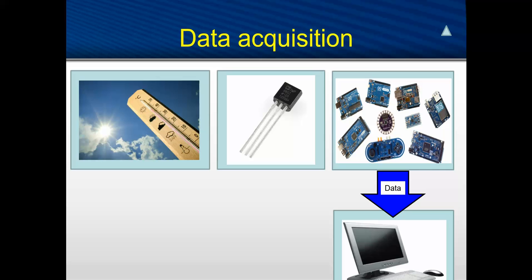The board will connect to the computer that has the Matlab program installed. It can upload and download data, and it can control the sensing to get the result you want for your application.